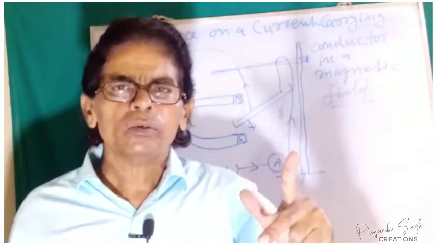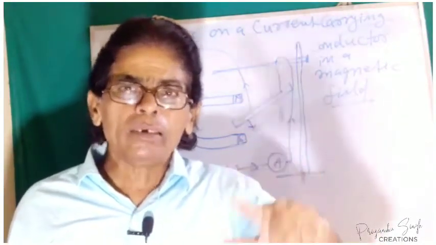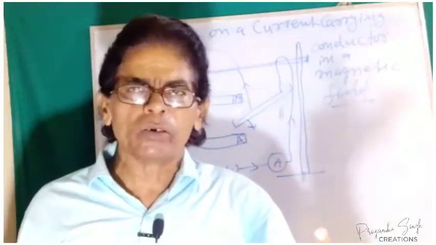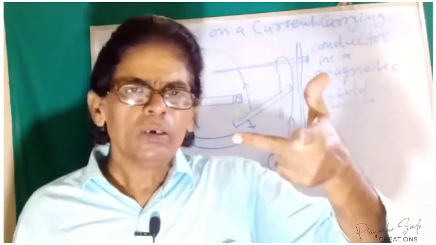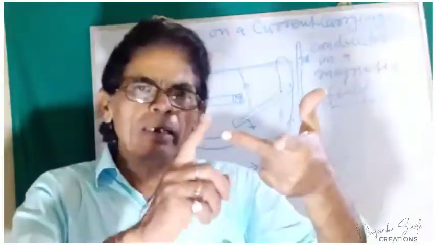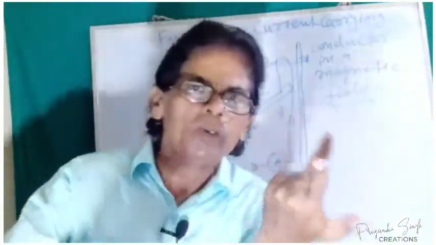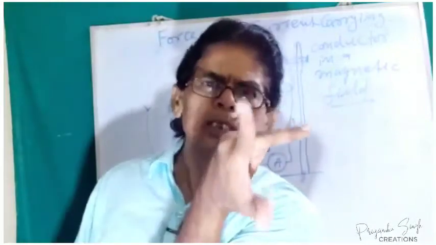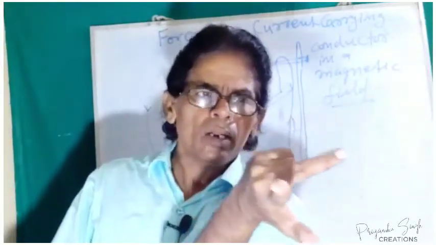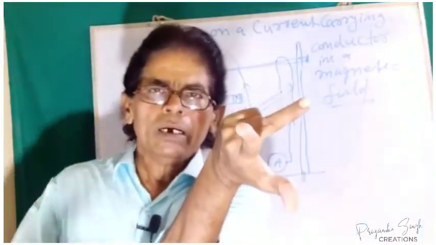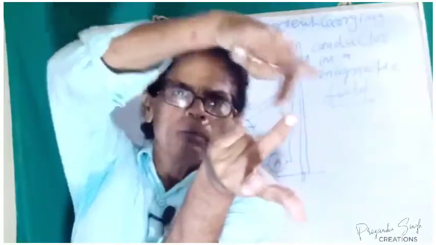Suppose the direction of current is reversed. What will happen? See here. If the direction of current is reversed, suppose that this is along this direction. If we change the direction like this, what will happen? This is the direction of the thumb.